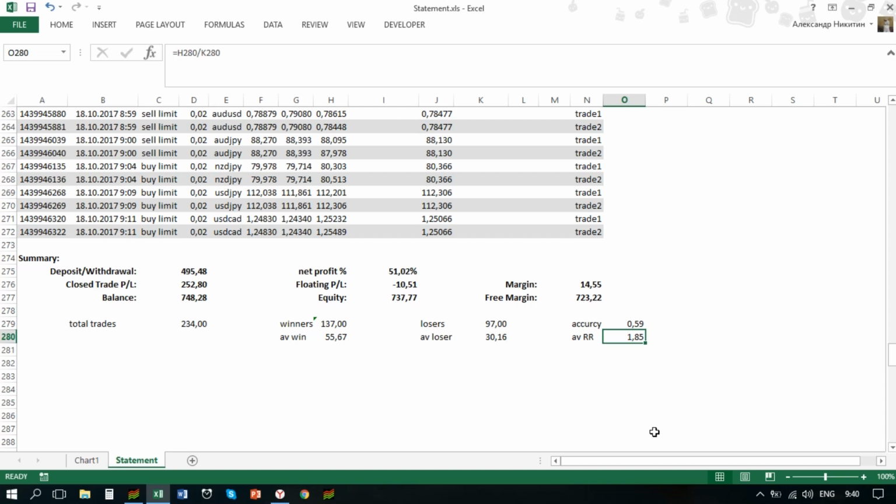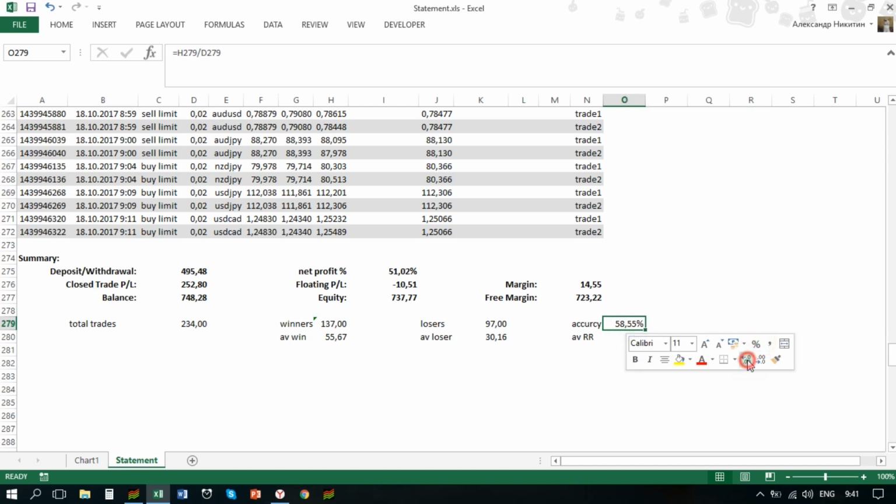What does this mean, average risk to reward? This means that I'm losing $1 on my losing trades, and on my winning trades I generate 1.85. So 59% of the time I'm winning 1.85, and only 41% of the time I'm losing 1.